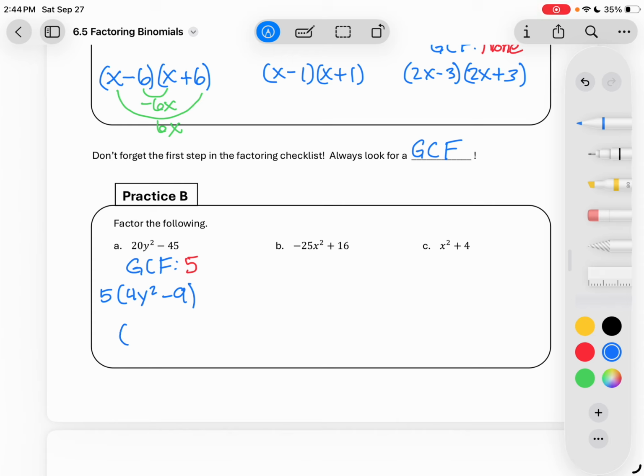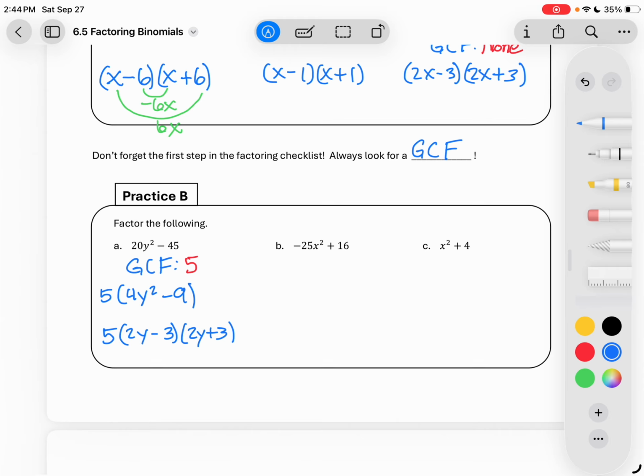So we can make our 2 sets of parentheses. The thing that multiplies by itself to equal 4y squared is 2y, and the thing that multiplies by itself to equal 9 is 3. Make 1 minus, make 1 plus. And then we also still have that greatest common factor of 5 that we took out originally.